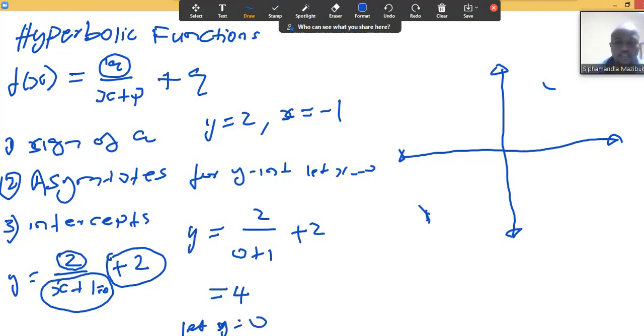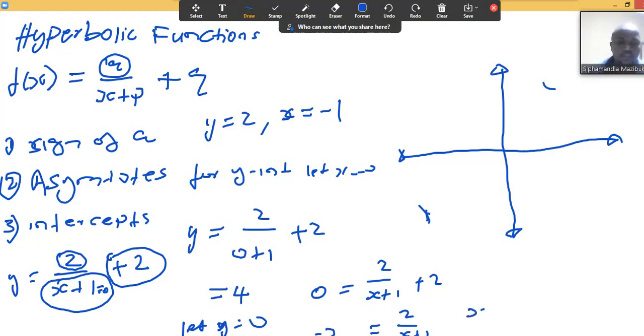In that case, you have 0 is equal to 2 over x plus 1, plus 2. So you need to solve for x from this. You can have minus 2 is equal to 2 over x plus 1. Then you can multiply both sides, or you can just swap them.